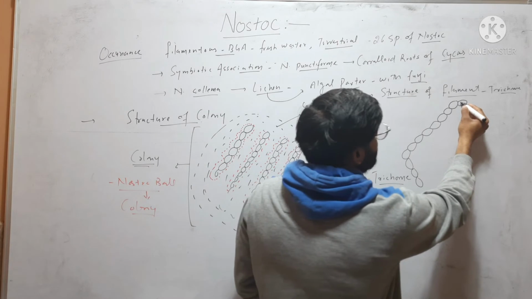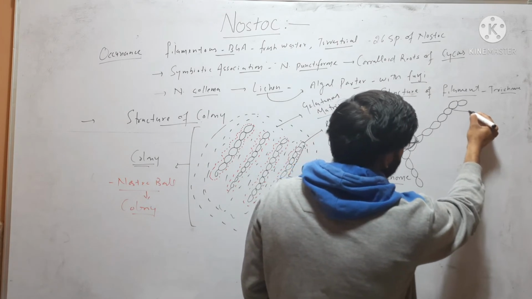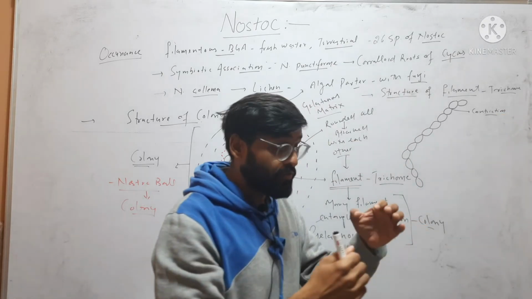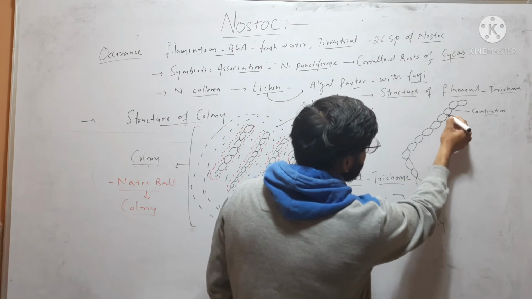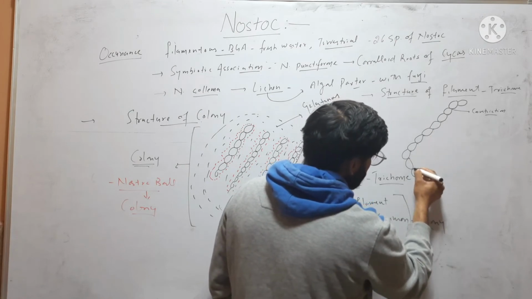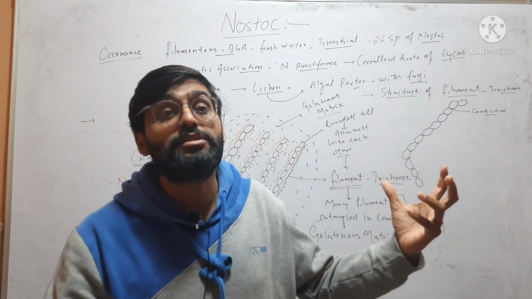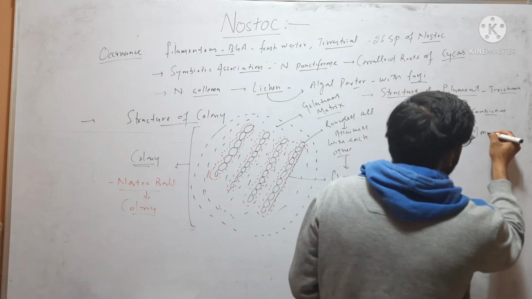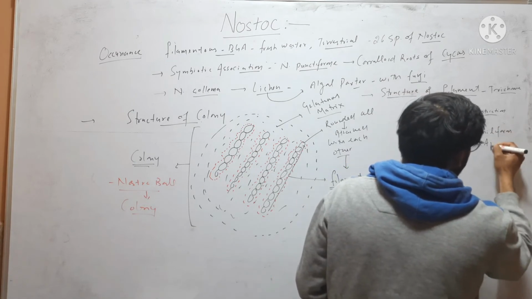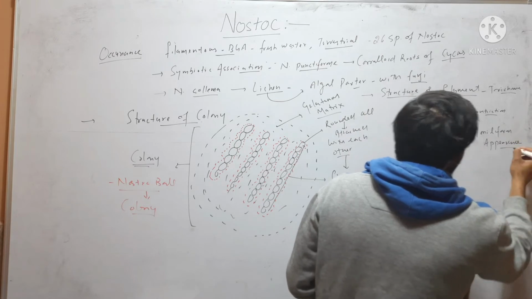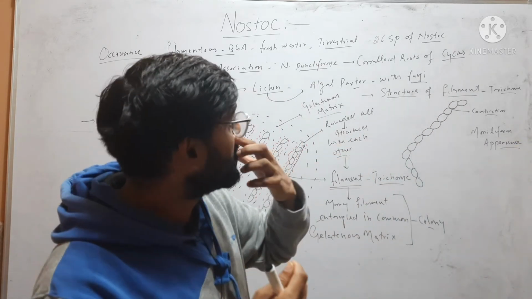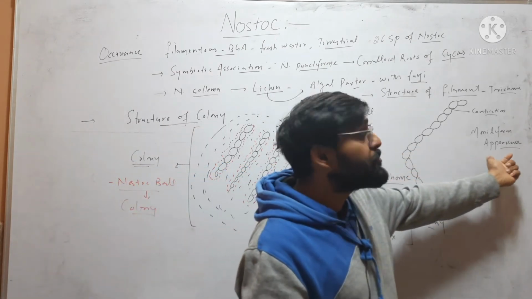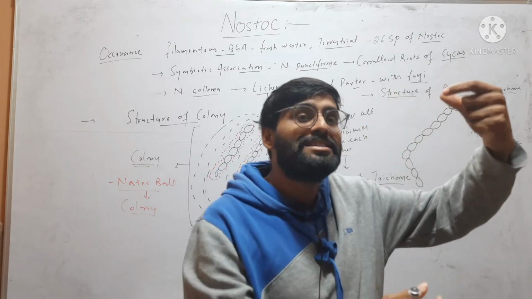So this is a cell, and it is constricted from there. Every cell is constricted, so it gives a beaded, or moniliform, appearance, like beads in a thread. The cells are constricted towards their end walls.